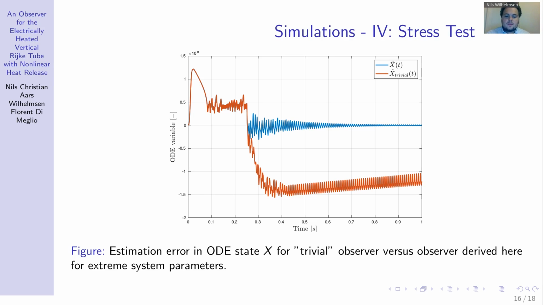As can be seen, this pushes the trivial observer far off the correct estimate, but the observer we proved convergence for retains its convergence properties and converges asymptotically despite these extreme parameters.